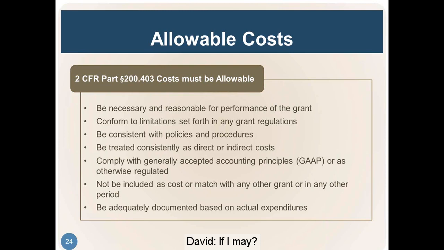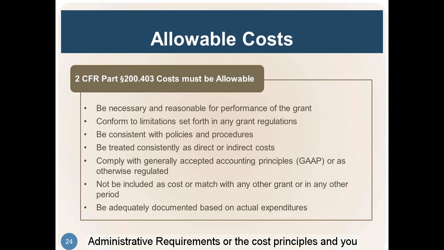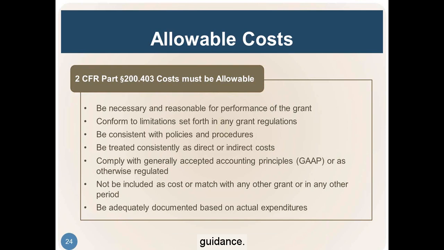If I may? Yeah, absolutely. I'm sorry. I had meant to mention this earlier. If your state decided to not hold to the OMB Uniform Administrative Requirements or the cost principles, and you instead chose your own grant administration manual or whatever it is you call it, you'll need to find the corresponding guidance.